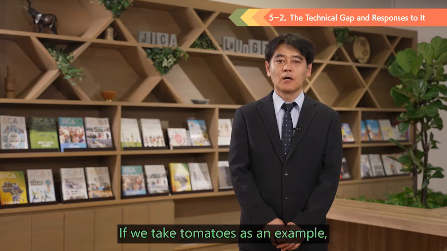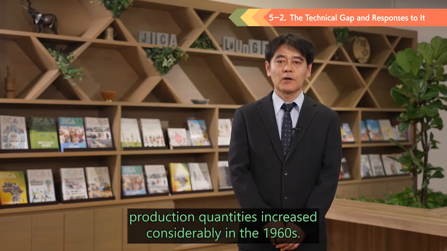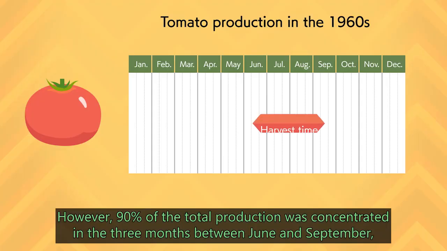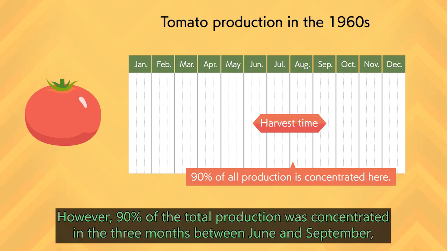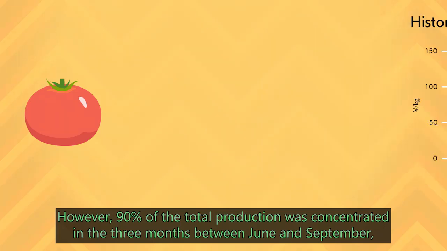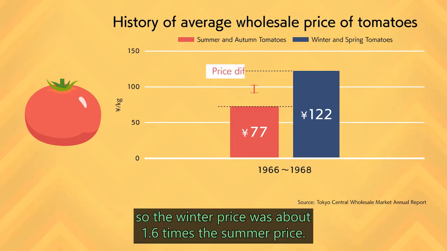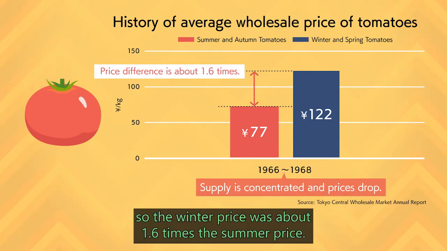If we take tomatoes as an example, production quantities increased considerably in the 1960s. However, 90% of the total production was concentrated in the 3 months between June and September, so the winter price was about 1.6 times the summer price.